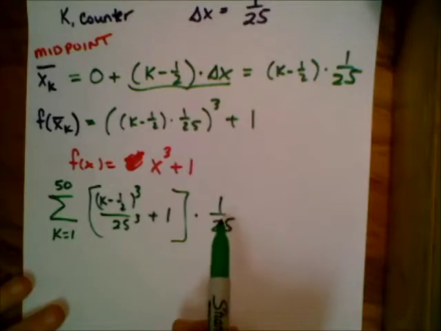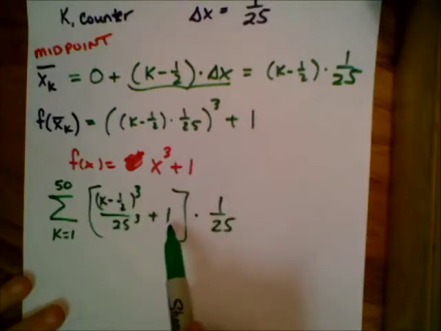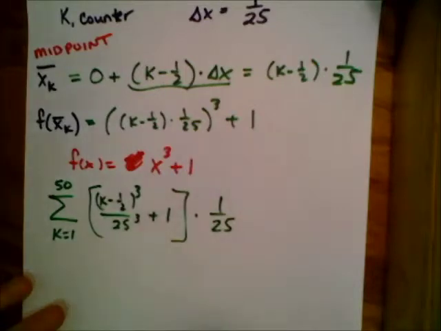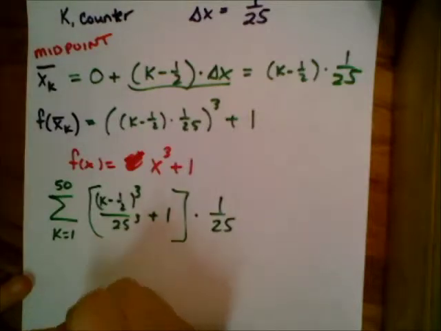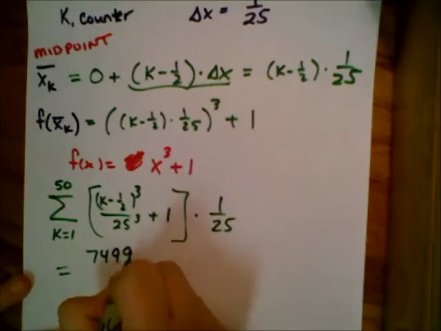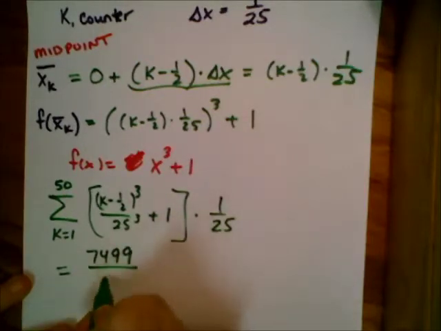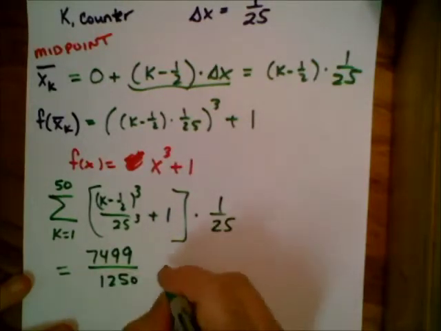And if we wanted to, we could distribute the 1/25th through this binomial before typing it in. This would be a good place to pause if you want to go ahead and do those calculations on your technology one more time. But the value of the midpoint Riemann sum is 7,499 over 1250.